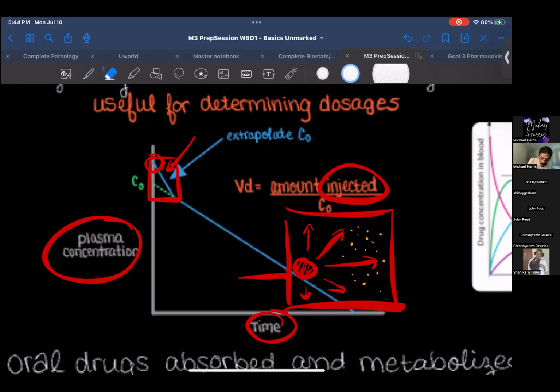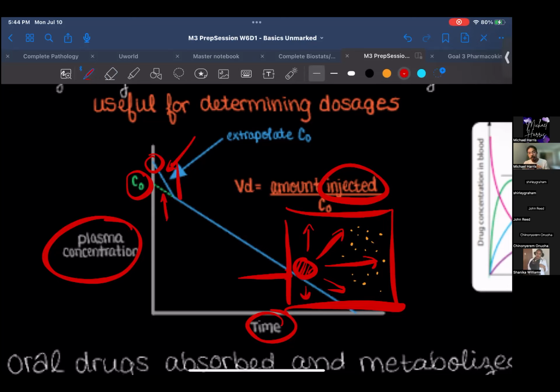We then draw a line backwards, which is this green line, to what is known as our new concentration in the blood. And this is what we use for volume of distribution. Okay?